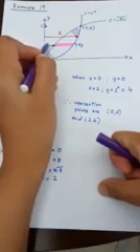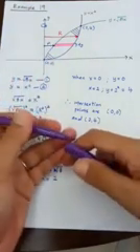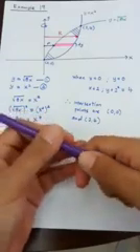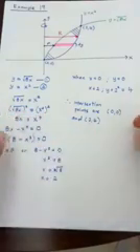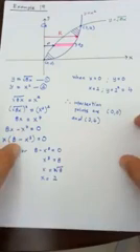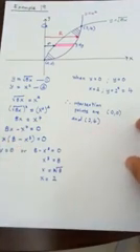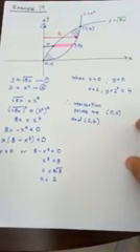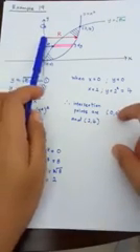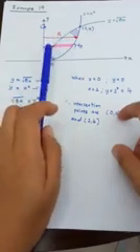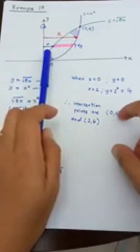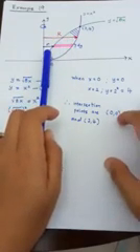So this will be my inner radius. Clear? So I have to give my outer radius and inner radius in terms of y.